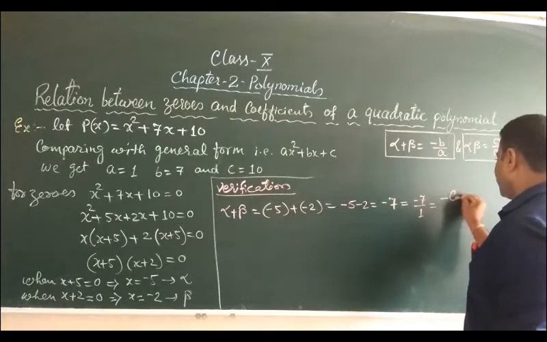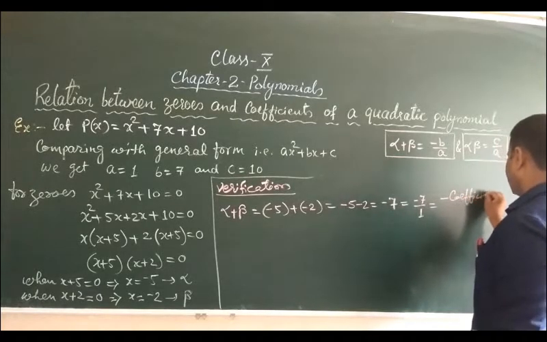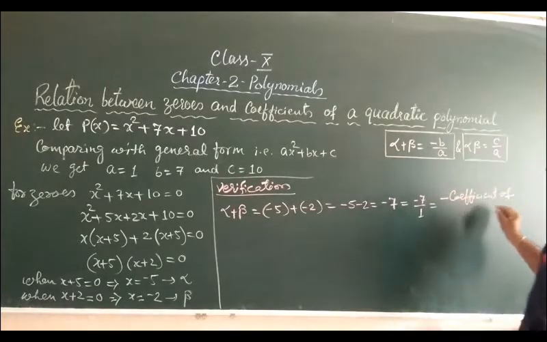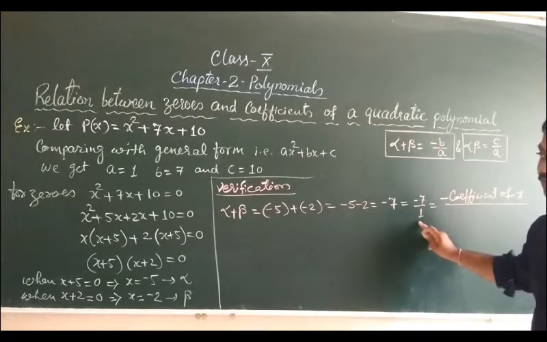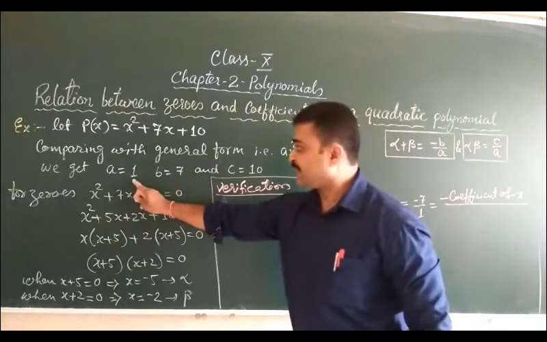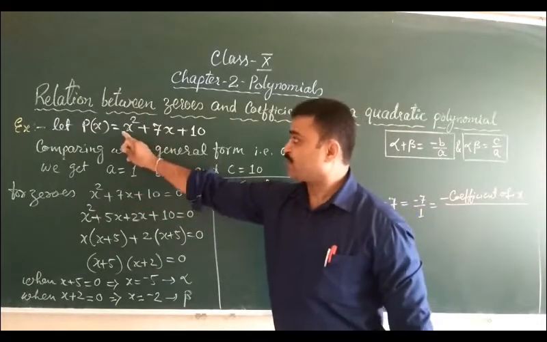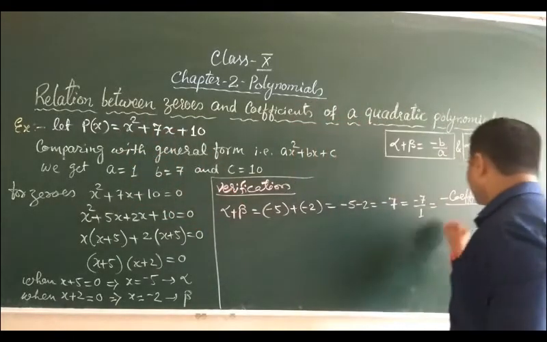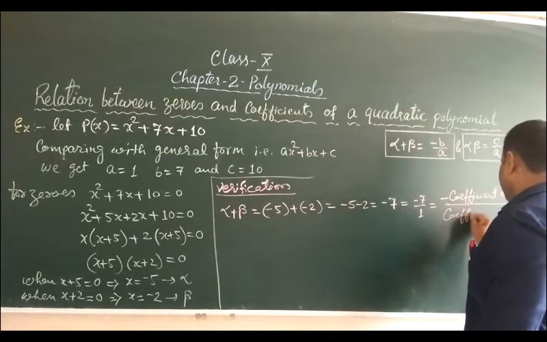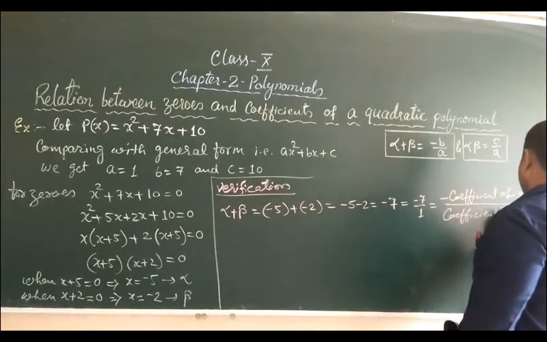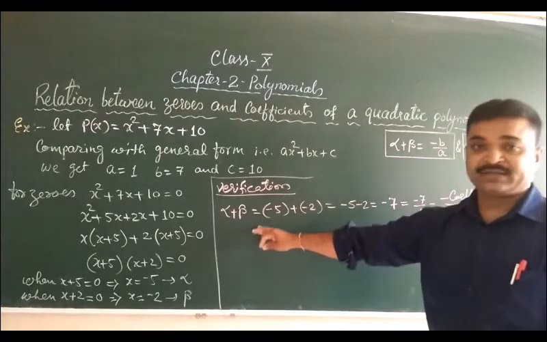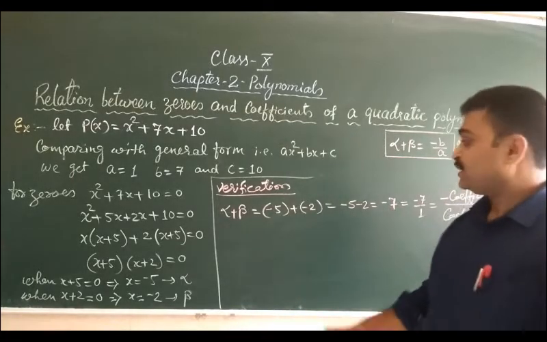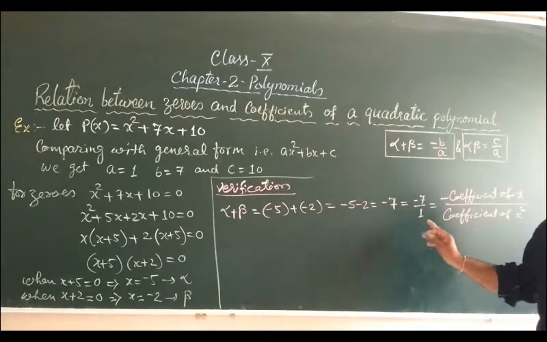Coefficient of x upon 1. What is 1? 1 is a. And what is a? A is the coefficient of x square. So we can write coefficient of x square. So we have verified alpha plus beta, that is sum of the two zeros, is equal to minus b upon a.